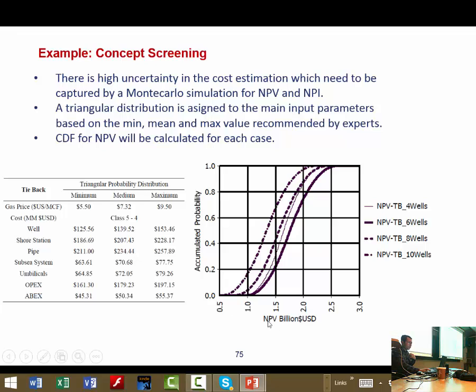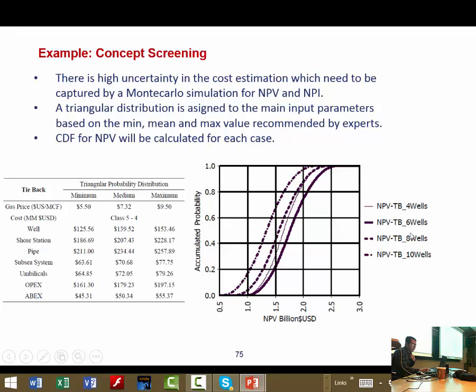For example, here we only calculated net present value for each population, and then we calculate the cumulative distribution function. It is just a straightforward calculation, and then you plot all of these against each other. For example, here it has been done for different numbers of wells, and if you draw one vertical line here, you can easily identify that the case with 10 wells is the most reliable case, or cost estimation for 10 wells is more reliable for you.